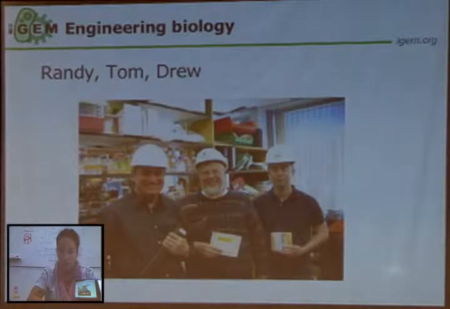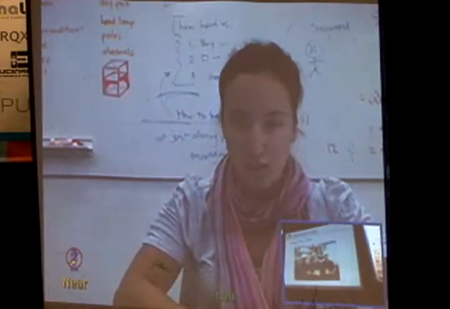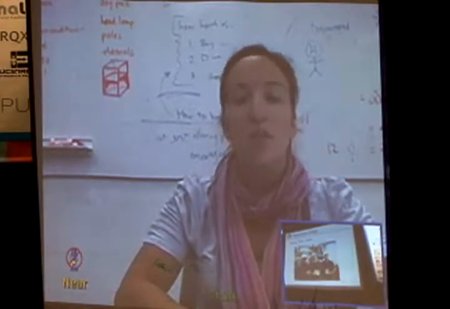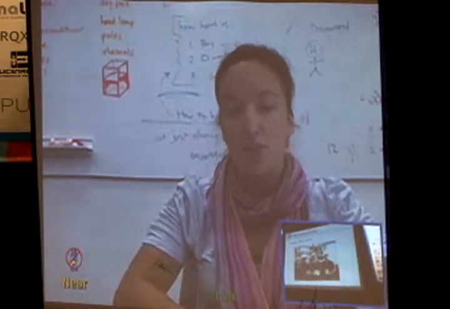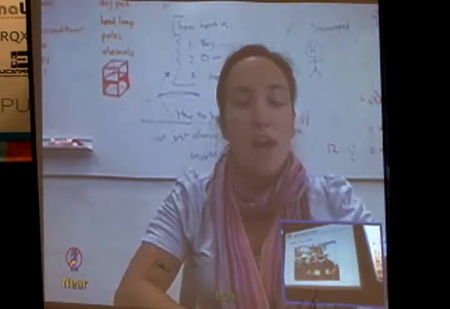And it all started with these 3 guys: Randy Rettberg, Tom Knight, and Drew Endy. You can see that they are standing in a biology lab. You see the chemicals and glassware behind them, but they actually aren't biologists. They're all engineers. Randy and Tom are computer engineers, and Drew is a civil engineer.